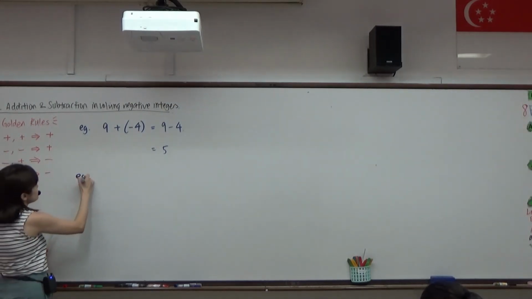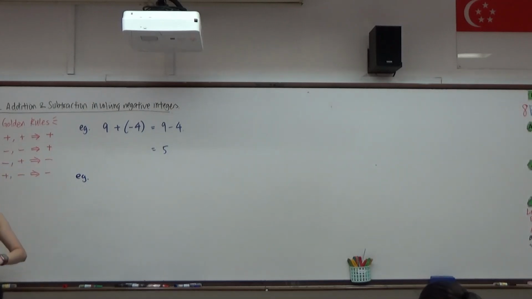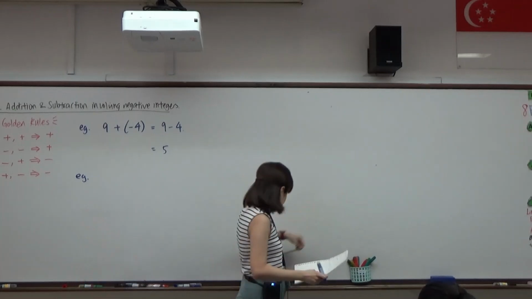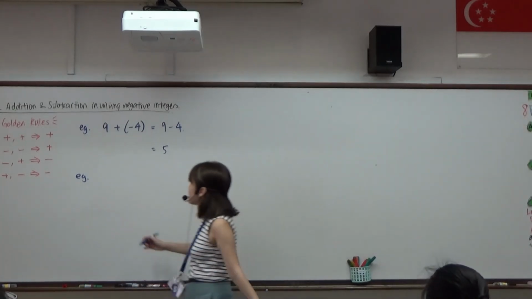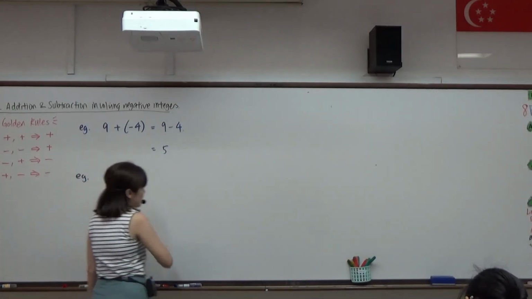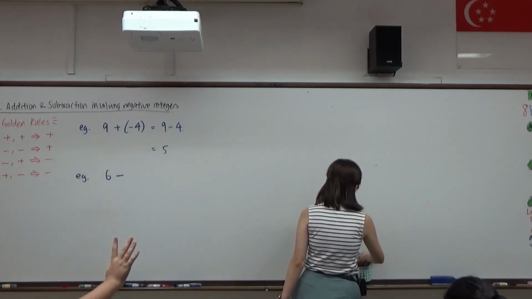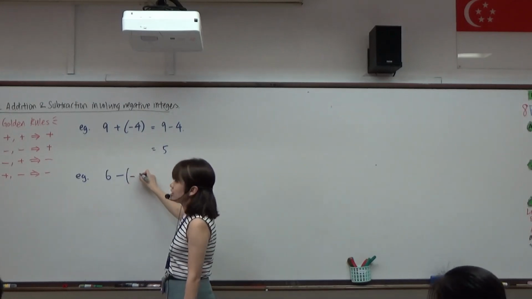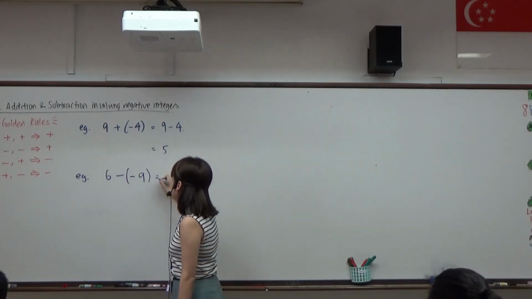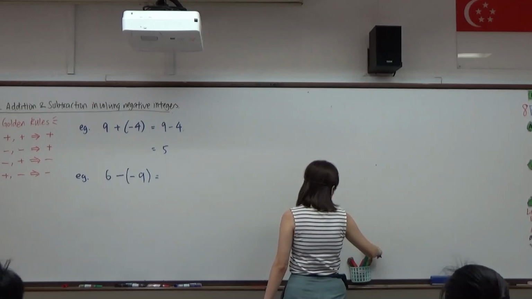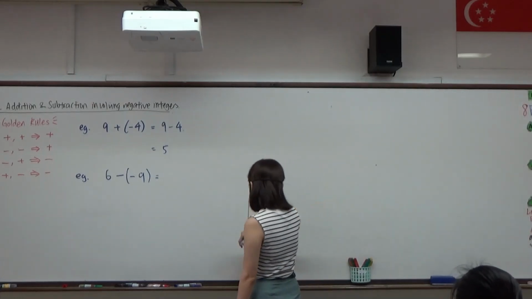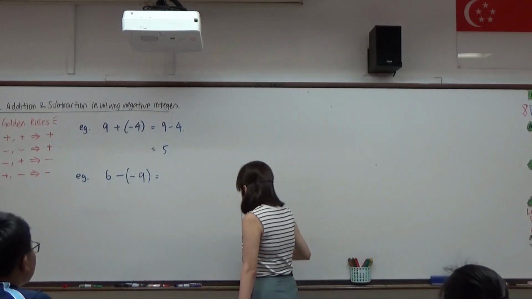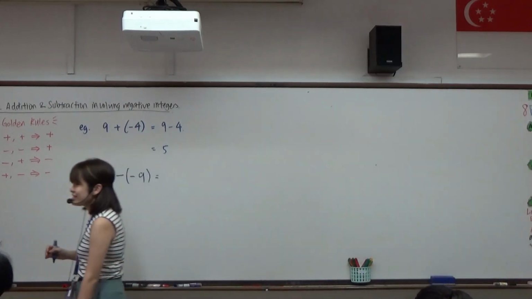Another example. Give me a one digit number. 6. Then I want a minus this time round. Negative 9. Then what will your answer actually be?